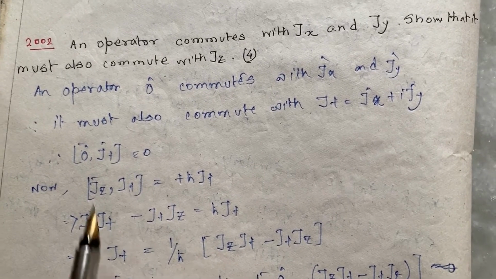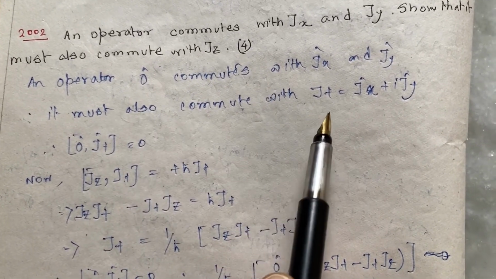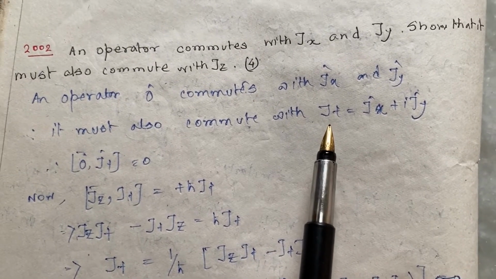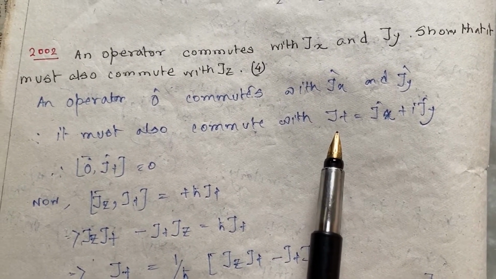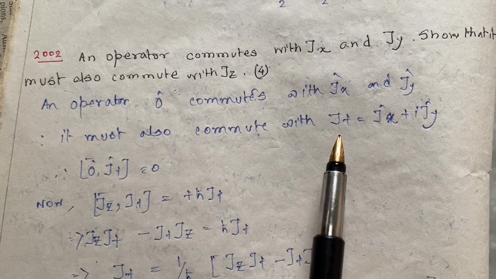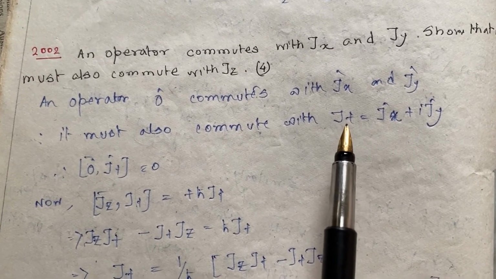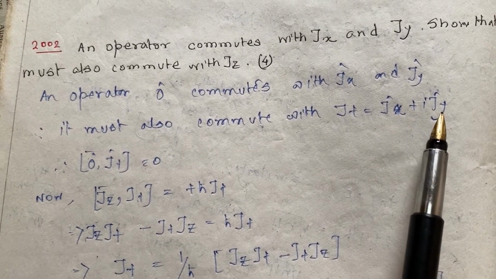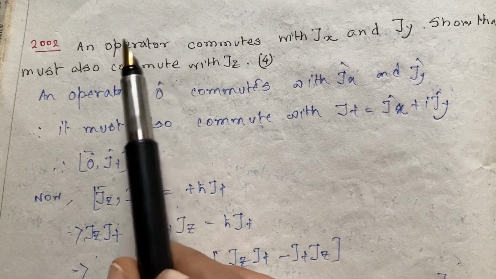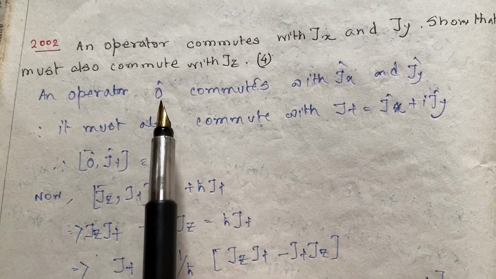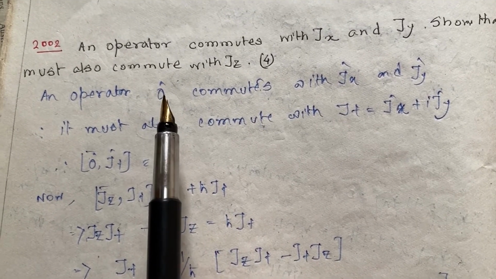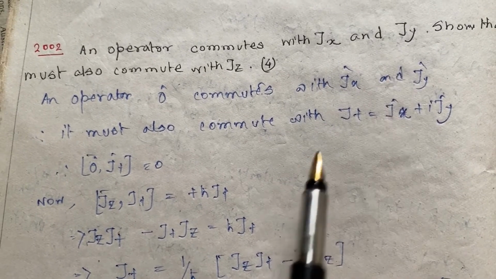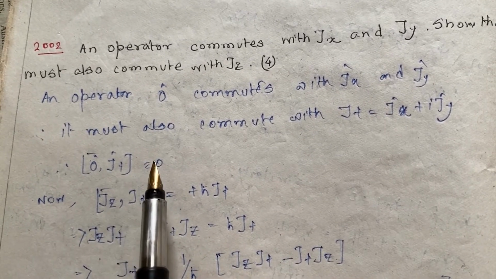Now we defined this J plus operator in my previous angular momentum operator series. So we have already defined that J plus equals Jx plus iJy. Let's call the operator O, and as this O commutes with Jx and Jy, it must commute with J plus also.